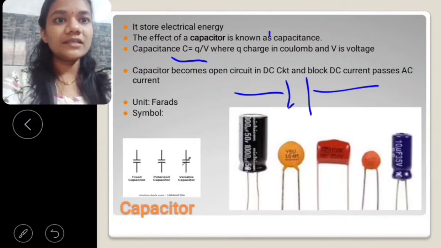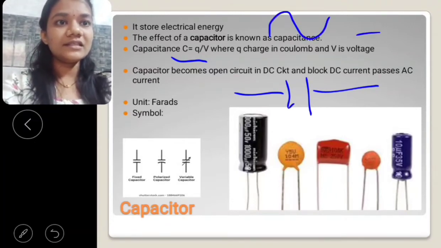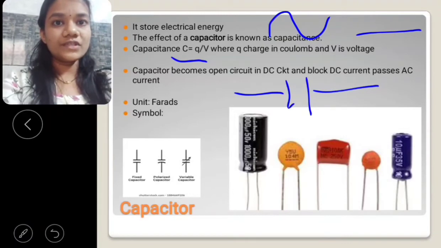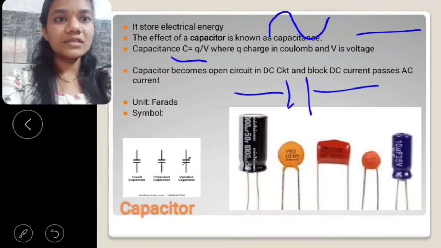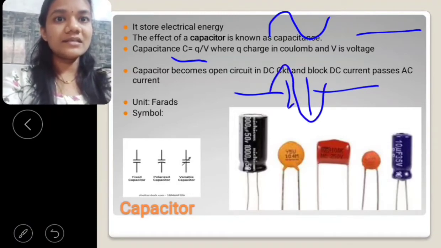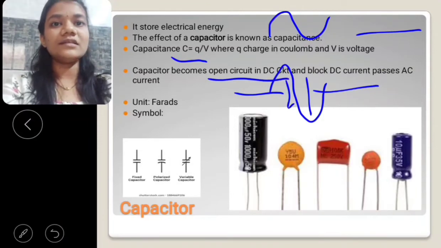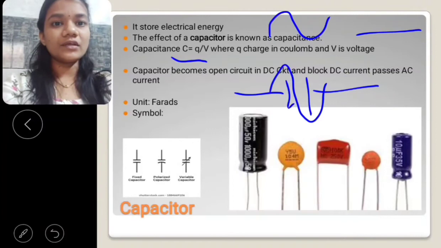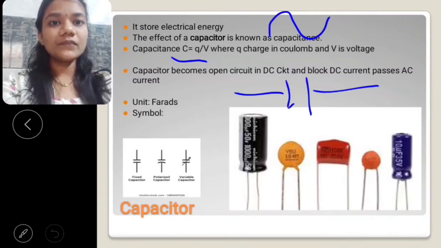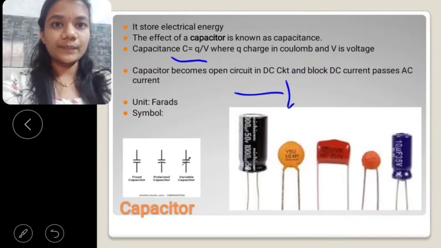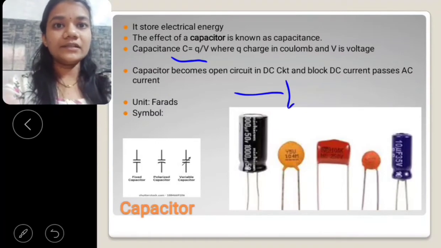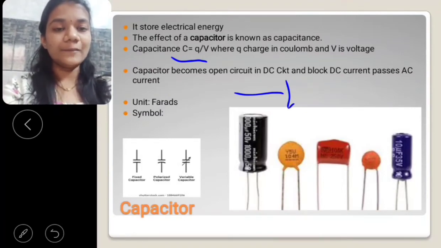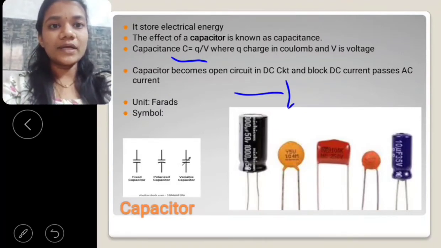We know the AC signal is like this and DC is like this. Just for remembering, understand that a capacitor passes AC and blocks DC. This is one of the important properties of a capacitor. Here is the symbol of a capacitor.